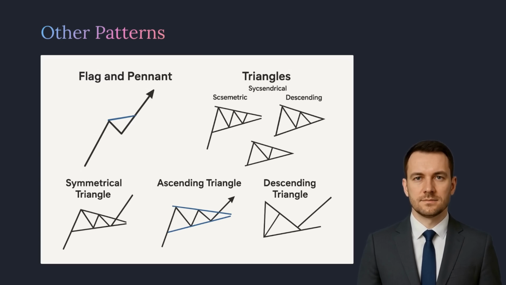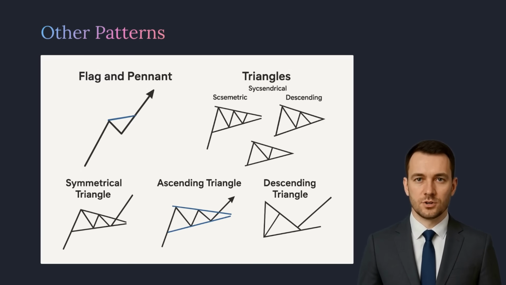Flag and pennant. These two are short-term continuation patterns that often appear after a sharp, strong price movement, sometimes called a flagpole. A flag looks like a small rectangular consolidation that slopes against the prior trend, e.g., a slight downward channel after a strong rise.